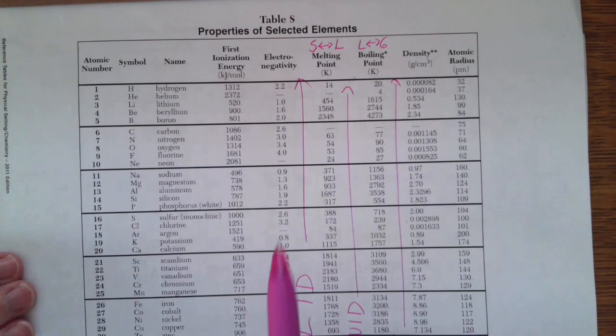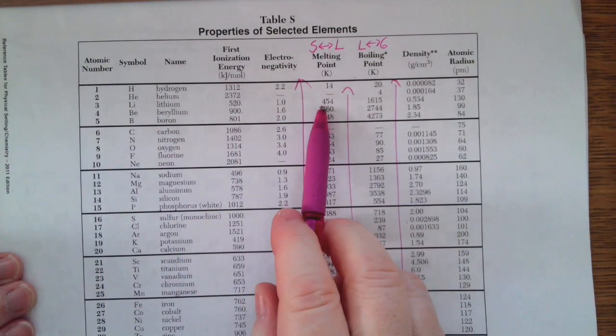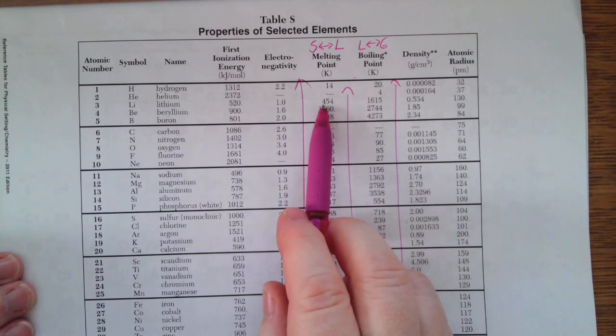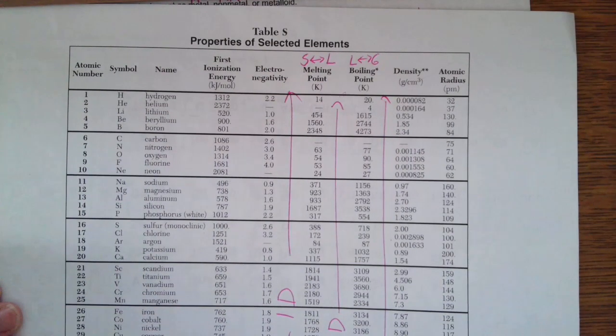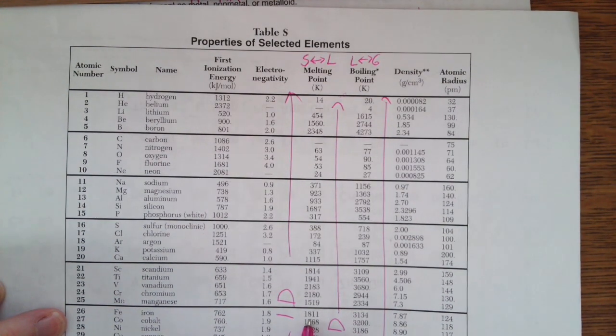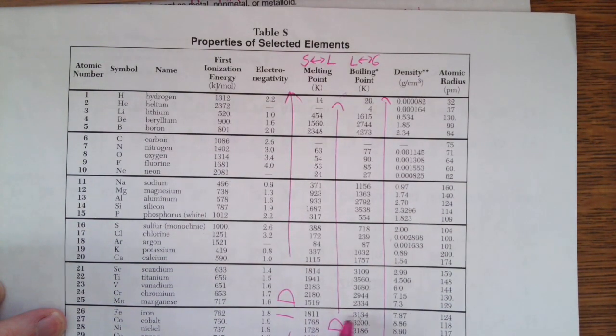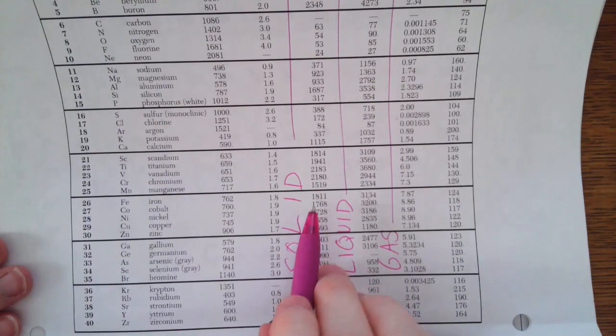Lithium at 600 Kelvin. 600 Kelvin is in between those two numbers, right? So it is a liquid. Iron at 1850. So we have to find iron. Oops.